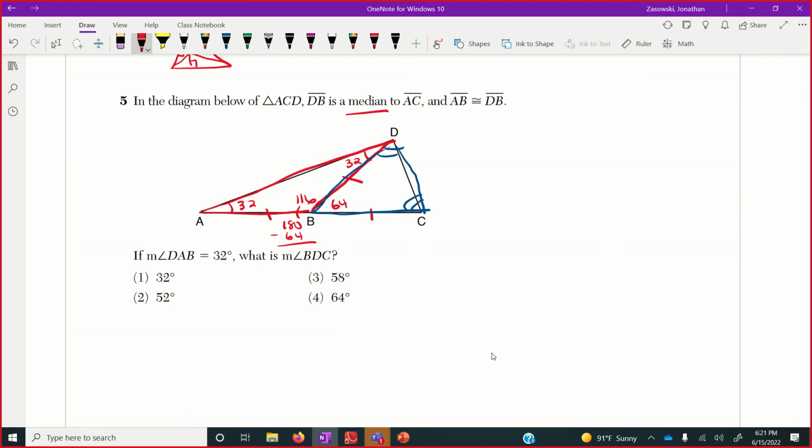And then you can get this 64 from subtracting from 180 that way. And then angle BDC is the angle that's right up here. And so remember, we're going to do 180, take away the 64, and then divide by 2 since there's 2 congruent angles. We already know that this is equal to 116. So half of 116 is equal to 58.